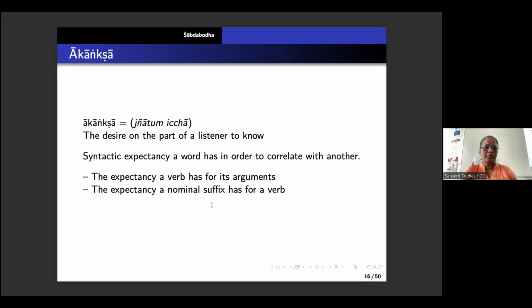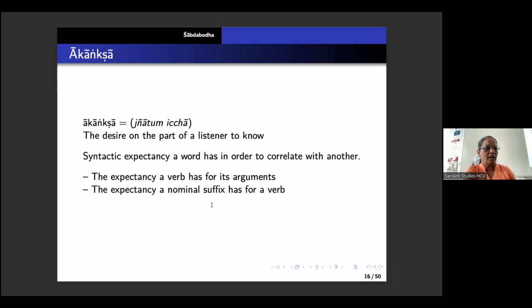So let me take an example. Suppose the sentence is bring a cow, then the person to whom I have addressed this should know that I am asking him to bring something, and that something is a cow. He need not have further expectancies.